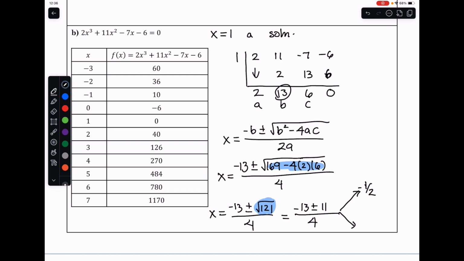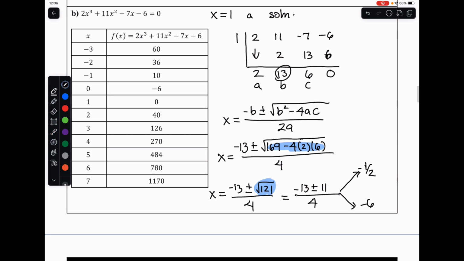But if I do negative 13 and I now subtract 11, that's going to be negative 24. And that negative 24 divided by 4, that's going to be negative 6. So there's your other solution.